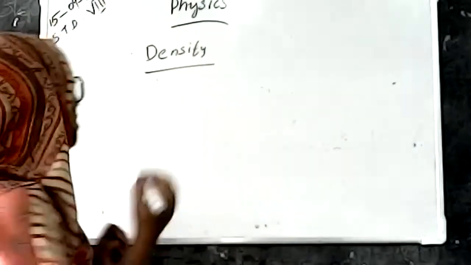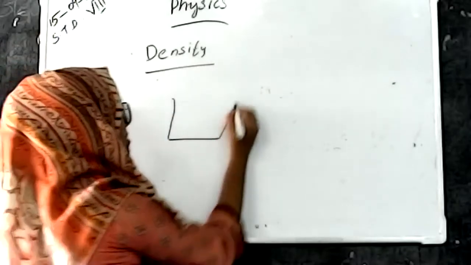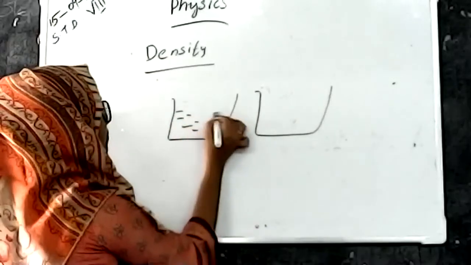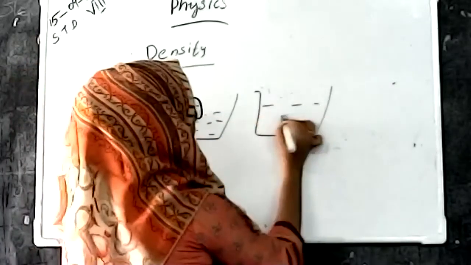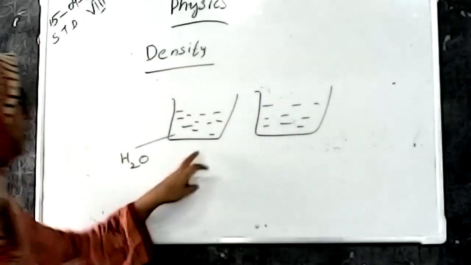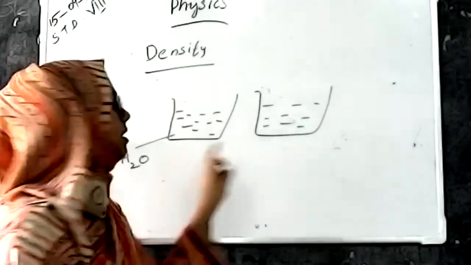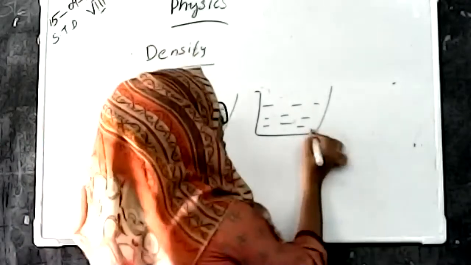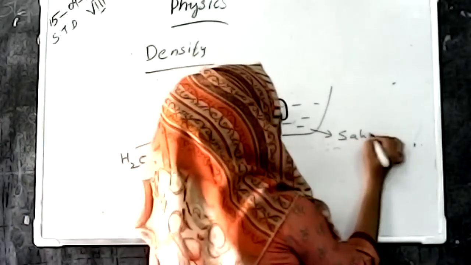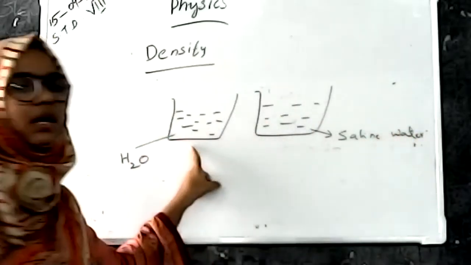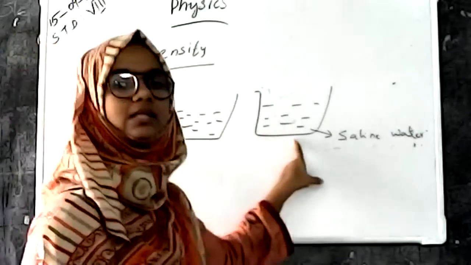For understanding that the density of substances is different, take two beakers having water. This beaker has pure water and this beaker has water mixed with salt, so this is saline water.